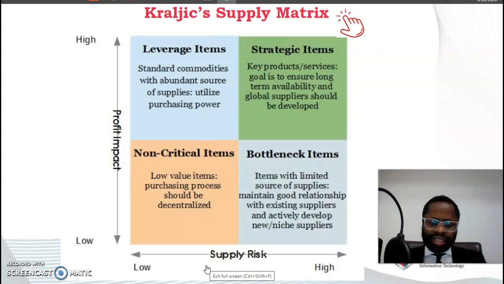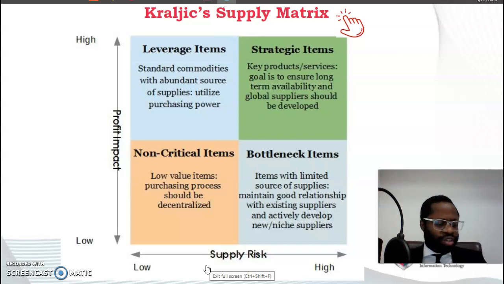Those items, in terms of supply risk, is very high. Why is it very high? It is high because getting an alternative supplier is, in most cases, not possible. Many a times, you end up in a monopoly type situation.